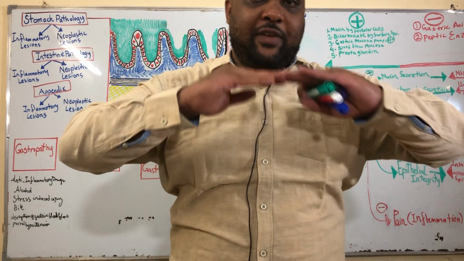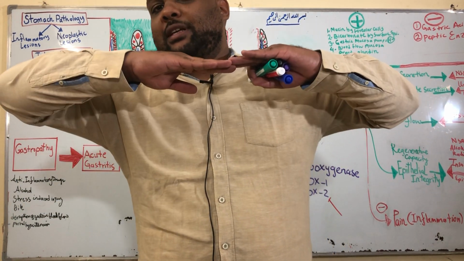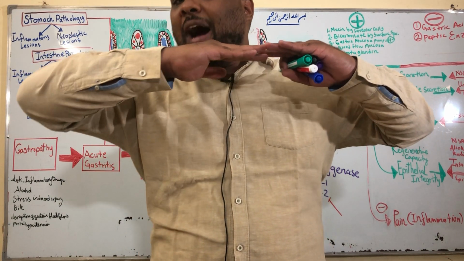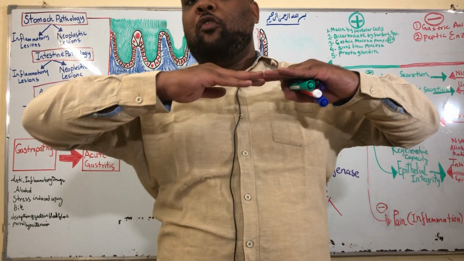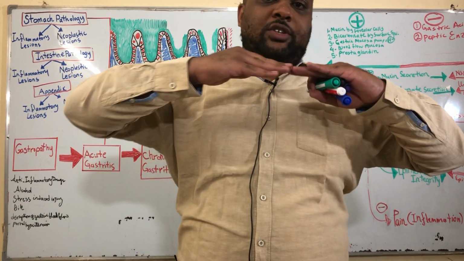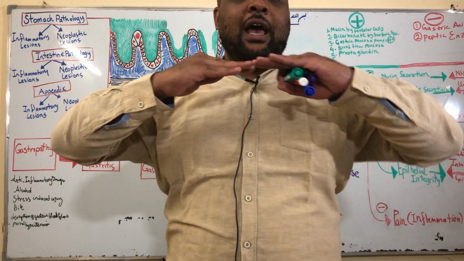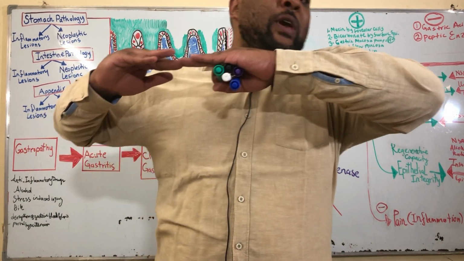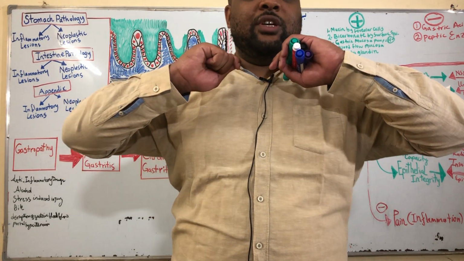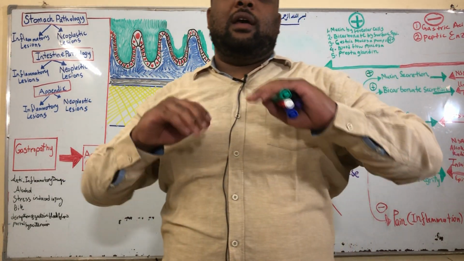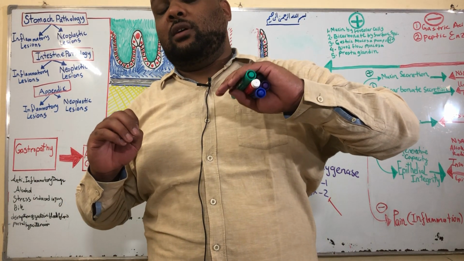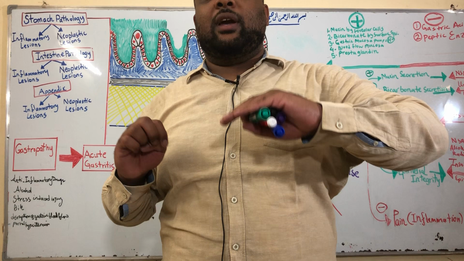We will talk about these defense mechanisms, and we will talk about these offensive mechanisms, and we will talk about what can empower these offensive mechanisms that would cause an ulcer, that would cause gastritis, and what are the things that may weaken our defense mechanisms, like the ability to secrete that mucin, that mucous membrane that protects the inside of the core of the stomach.